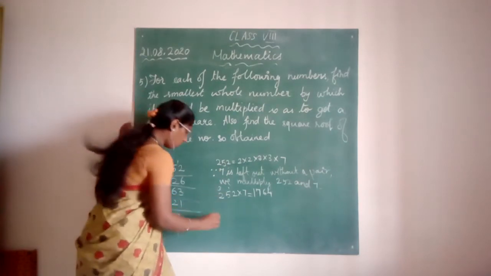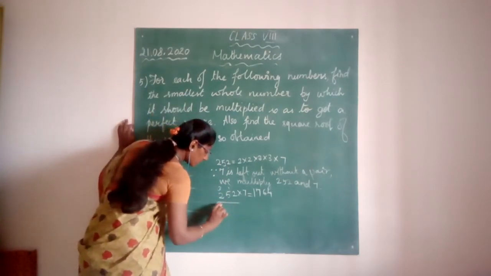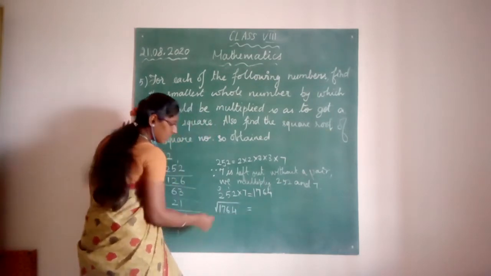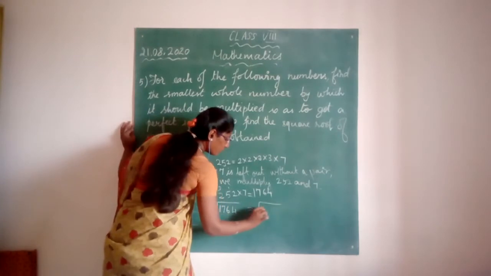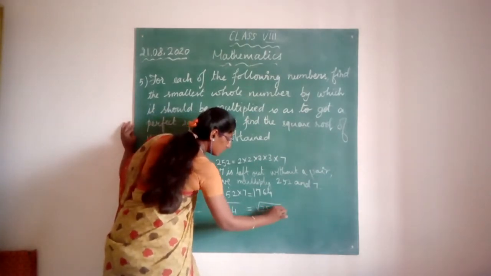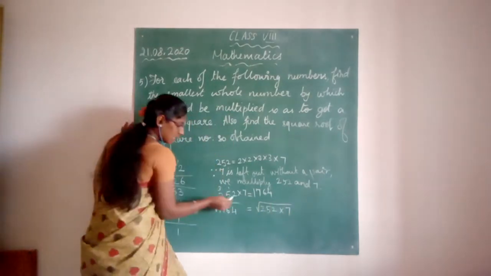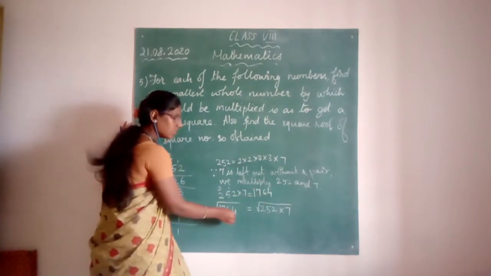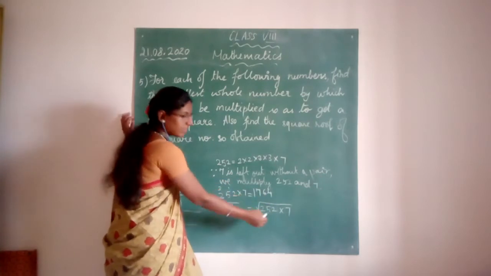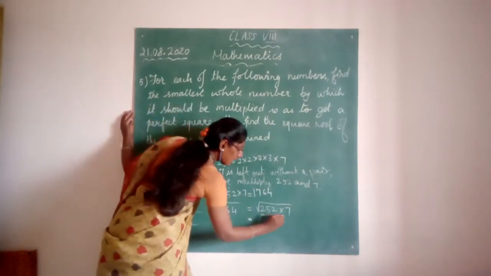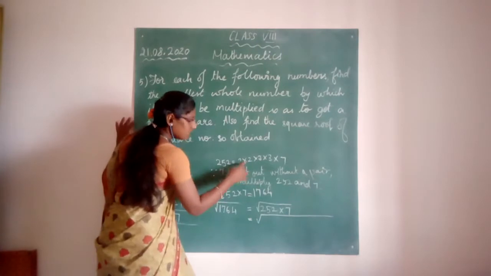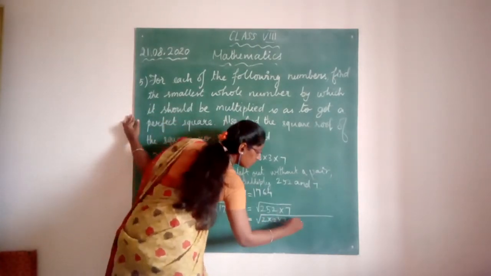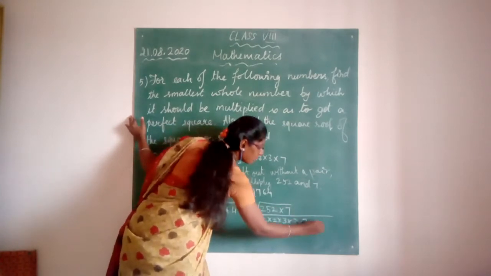Why? Because look here, you can write the square root of 1764 as the square root of 252 into 7. Yes or no? 252 into 7 is 1764. So this can be written as the square root of 2 into 2 into 3 into 3 into 7, and into 7, one more 7 is here.